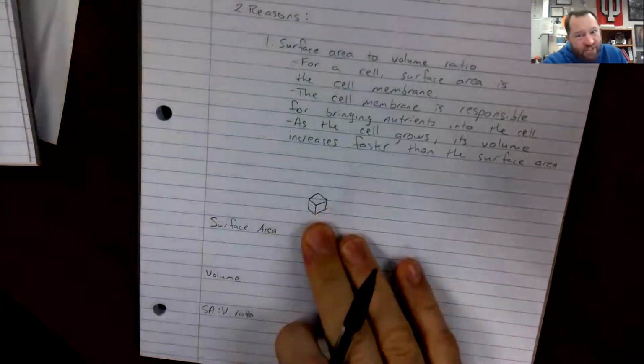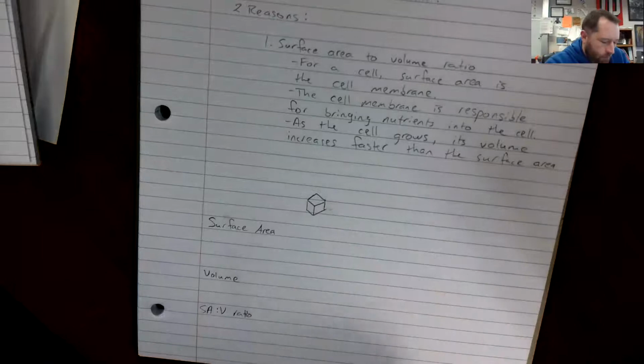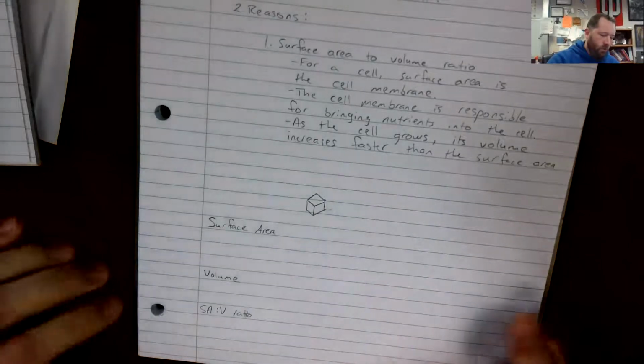So yes, cells tend to be a little bit more spherical shaped than cubical shaped, but the math is going to be a lot easier if we work with a cube.